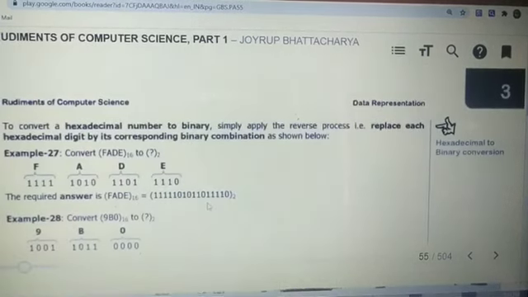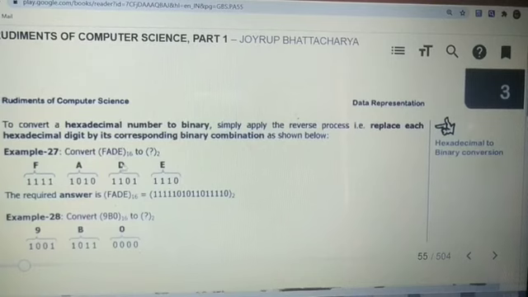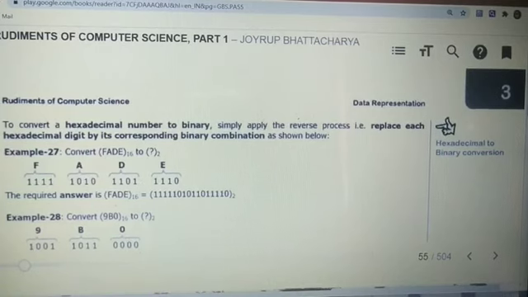Again, if you have to do vice versa, from hexadecimal (base 16) to binary, how do we do it? E means we have to remember the binary equivalent, that is 1110, D means 1101, A means 1010, and F means 1111.